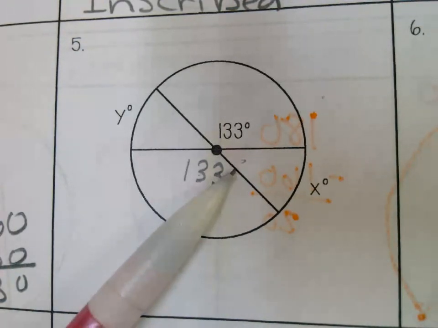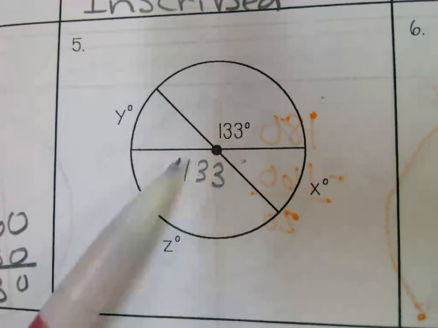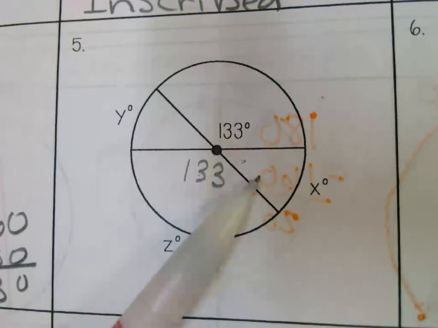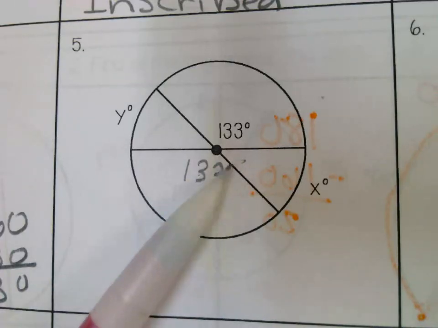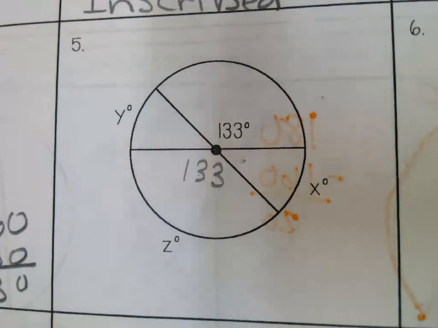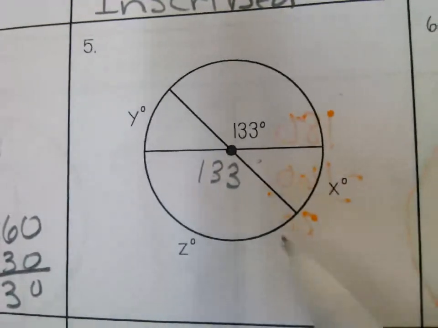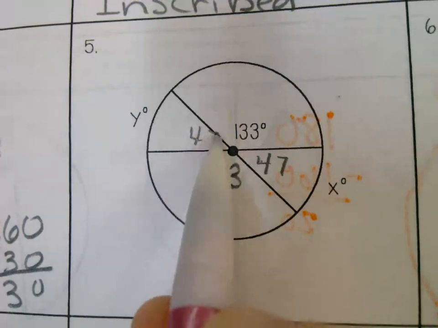What's the relationship between these two angles that are side by side, adjacent? These will add to be 180. So I'm going to do 180 minus 133 to find that other angle measure. This is going to give me 47, which means this one here is also going to be 47.